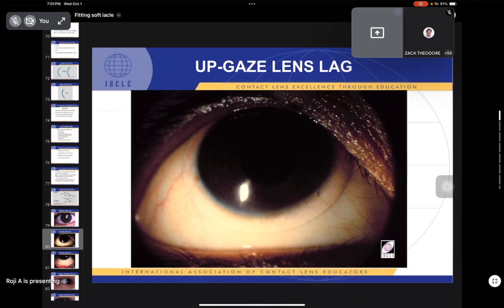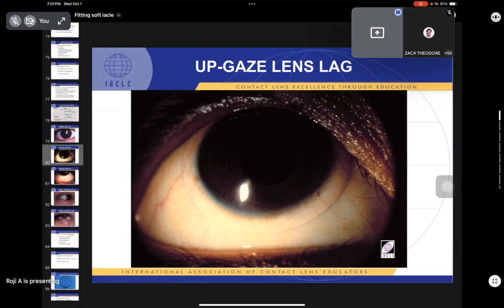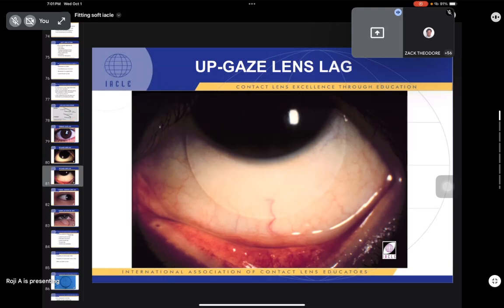All right. So, anyways, up gaze. As you can see here, this is relatively tight. Correct? Why is it relatively tight? As you can see, it is not creating that excessive lag inferiorly, even though you are already looking up. So this tight fit is steep, rather.